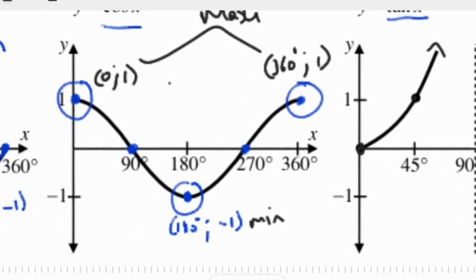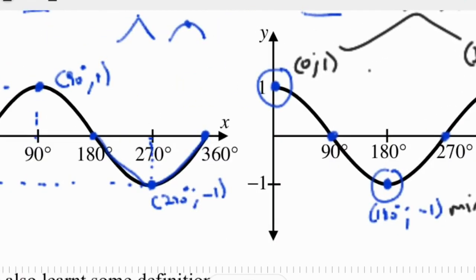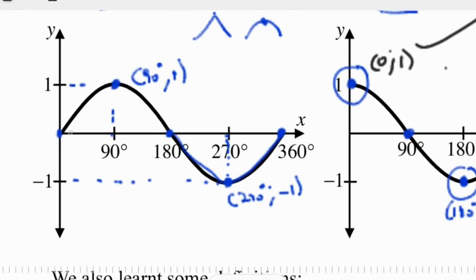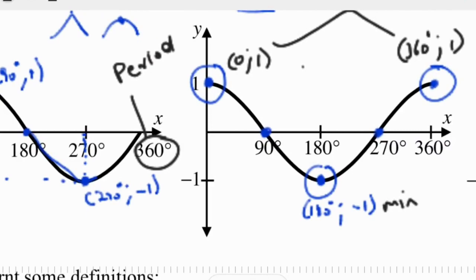All right, so with these three graphs, you'll see that a full function of sine of x gives us an S shape, okay? And then it stops at 360. So that is the period of the graph. That's 360. And then with the cosine, the full graph gives us a C shape, and then it stops at 360.